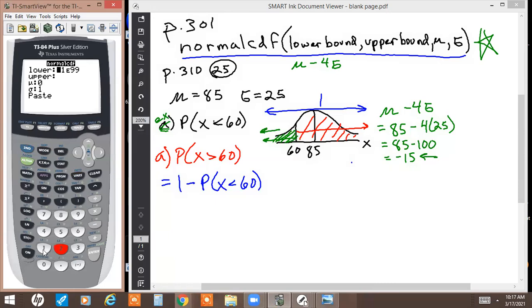The lower bound is negative 15. The upper bound is 60. Mu was 85. Sigma was 25. And then press enter.